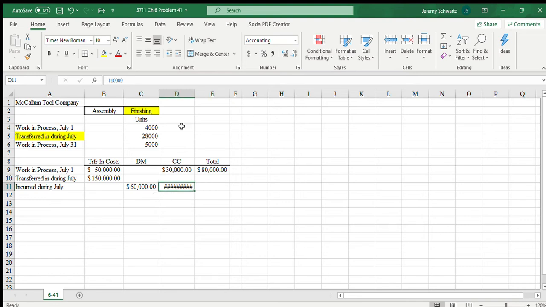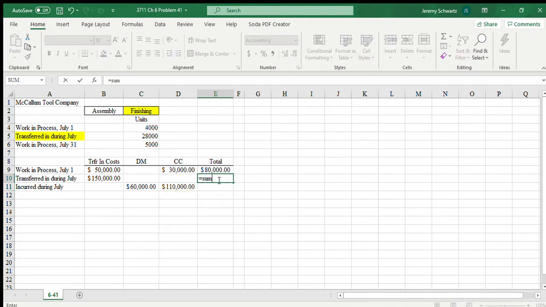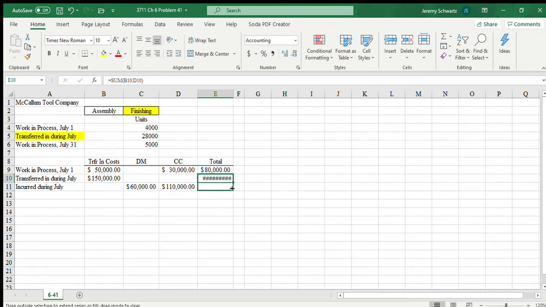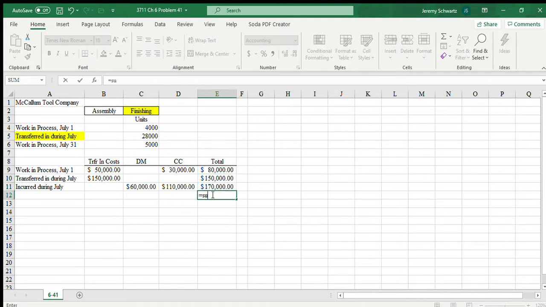So overall, if we were to sum all of these, we would see that we had in total $400,000 to account for.